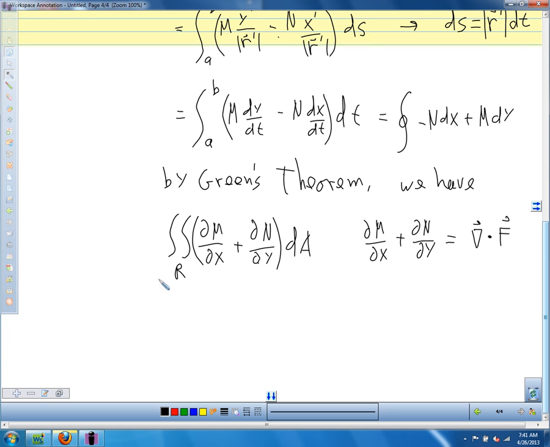So finally, the line integral around our closed curve of the outward unit normal component of f equals the double integral over our region of the divergence of f.